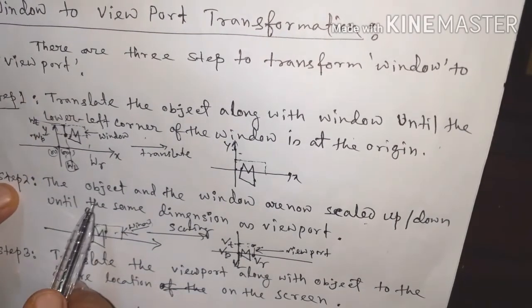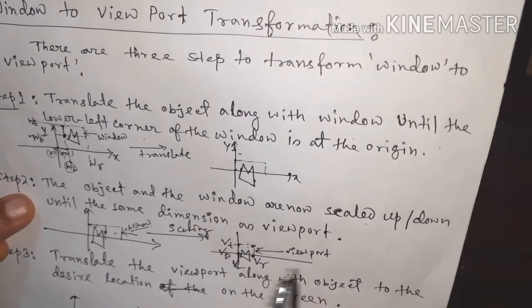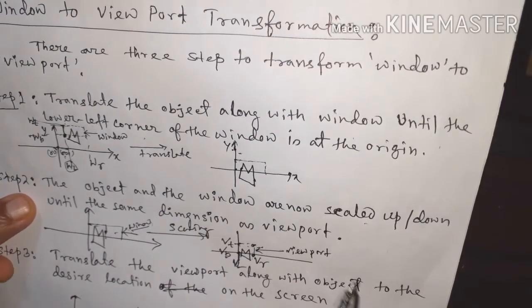Similarly, number 2, the scaling matrix. Next, the object and the window are now scaled up or scaled down to the same size as the dimension of the viewport.